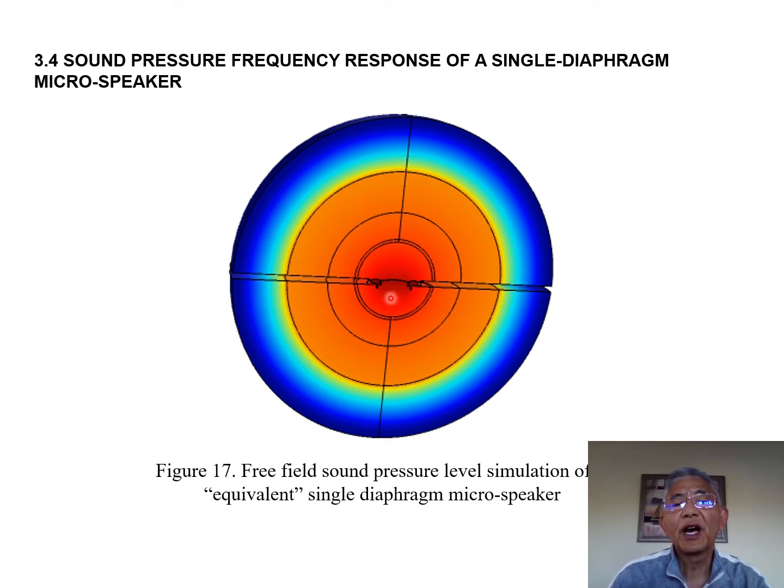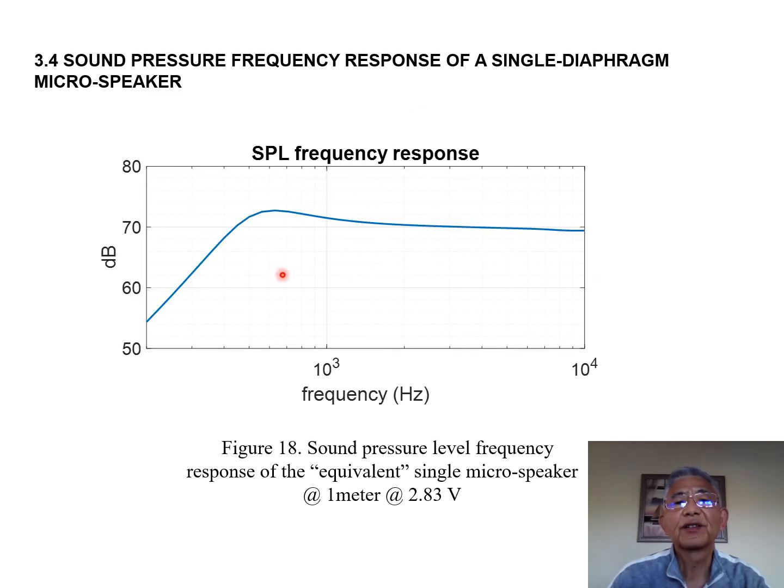So in the same way, I'm going to calculate at 1 meter, 2.8 volts from the acoustic center, the sound pressure level response curve like this.